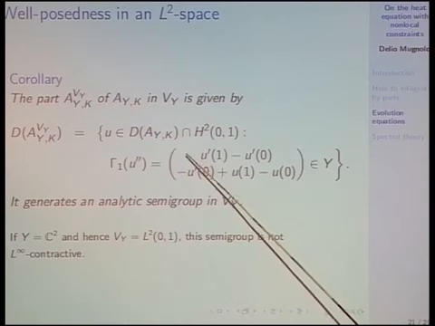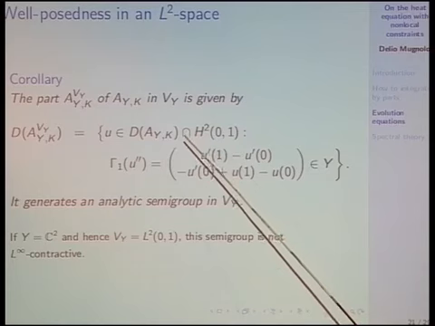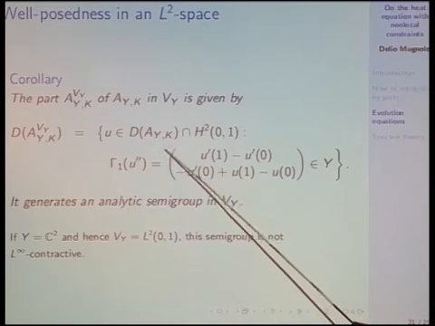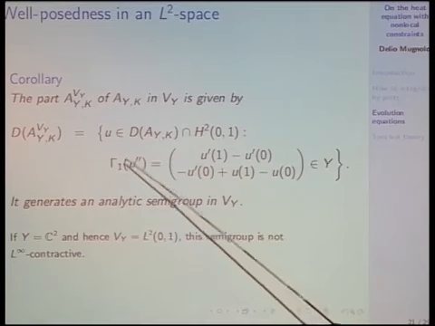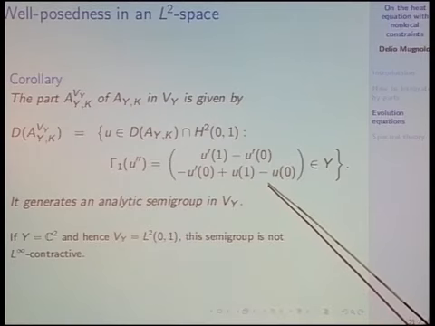So at the end, you can conclude that if you are interested in L2 initial data, you get well-posedness in L2 by showing that this operator generates a semigroup.